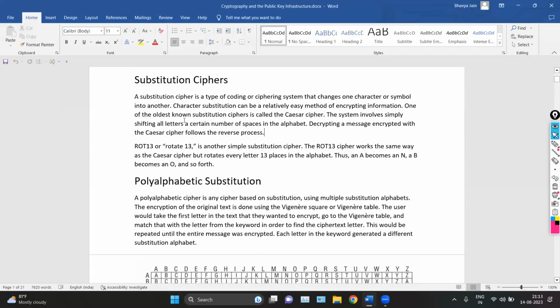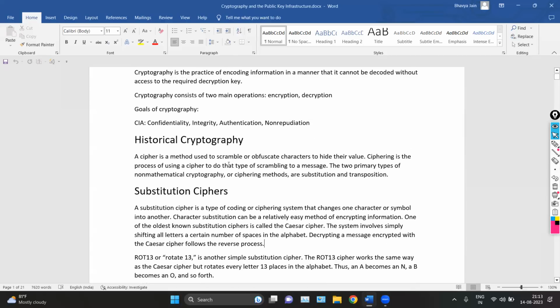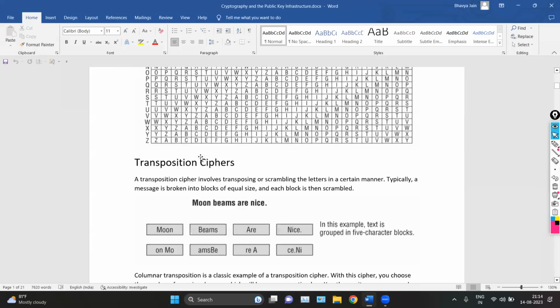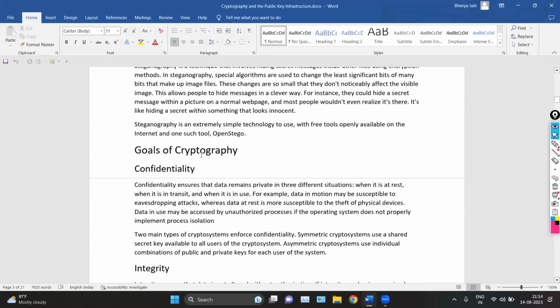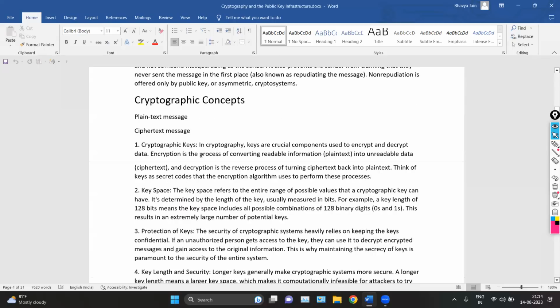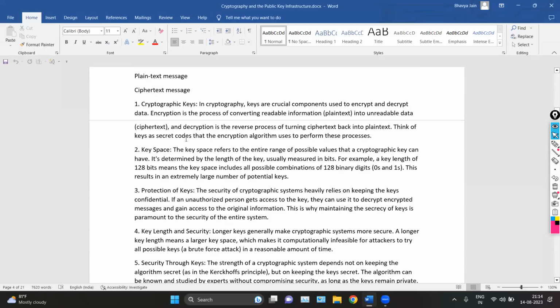So in historical cryptography, we had to protect the algorithm, the process, as well as the key. But in modern cryptography, we cannot hide the method, so we can only hide the key, which is also important.